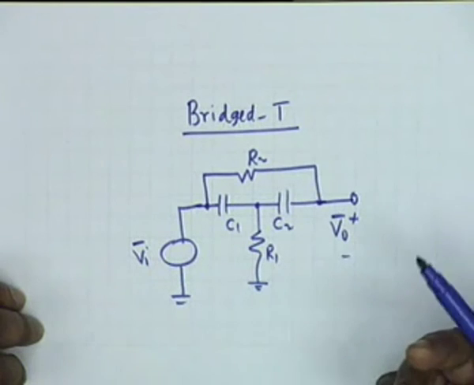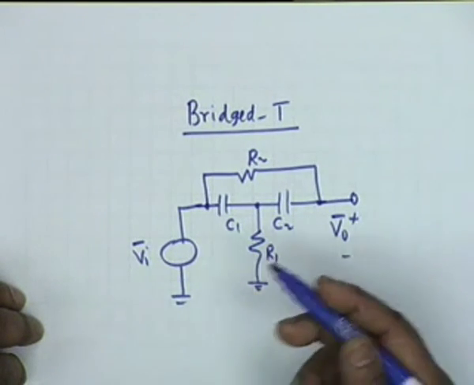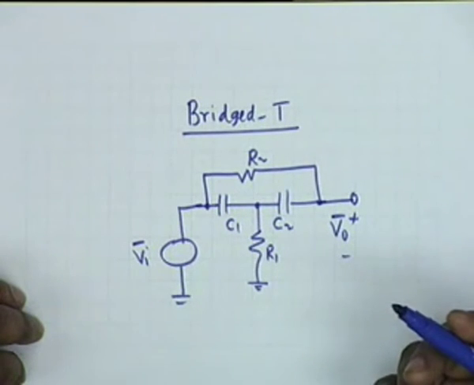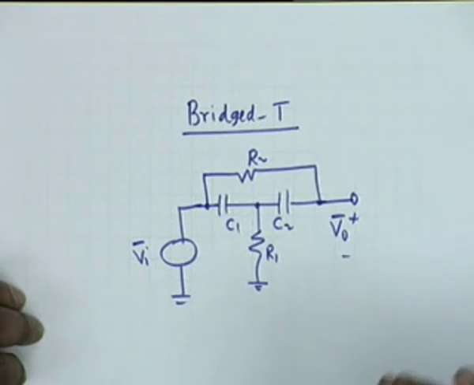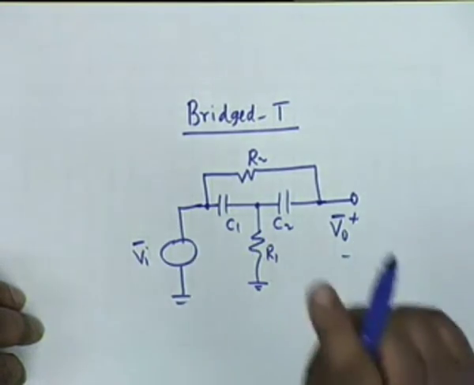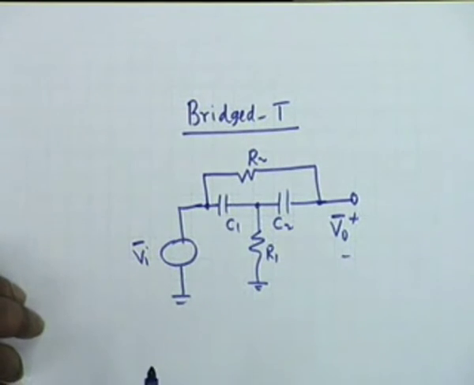Finally, you replace S by j omega. It will give the same result. It is more convenient to work in terms of S because you don't have to handle the quantity j. Wherever there is a multiplication of j by j, a negative sign comes up. If you miss that negative sign, then you are done with. So it's better to work in terms of S.